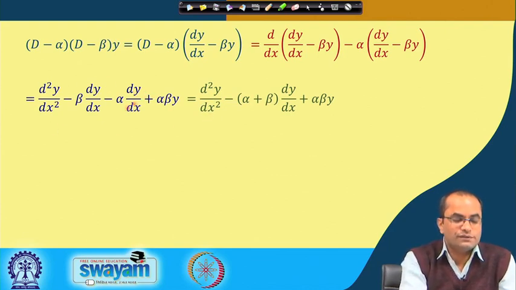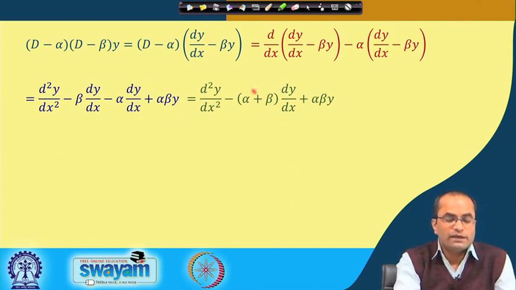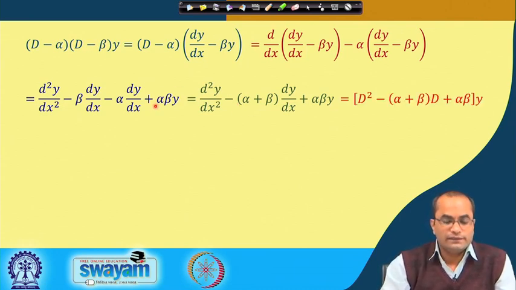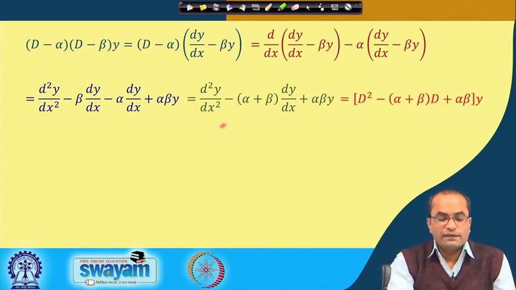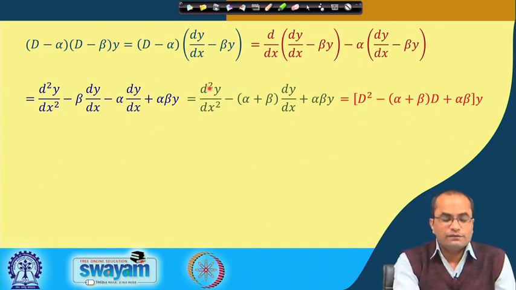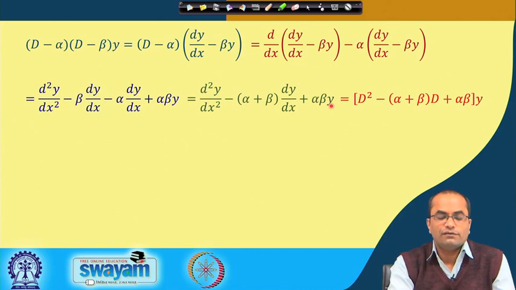The second order derivative term, and here we have the common term dy over dx. If we take this common, we get minus alpha plus beta and plus alpha beta y, which we can again write in terms of the operator: D2 operated on y, minus alpha plus beta times D operated on y, and alpha beta times y.